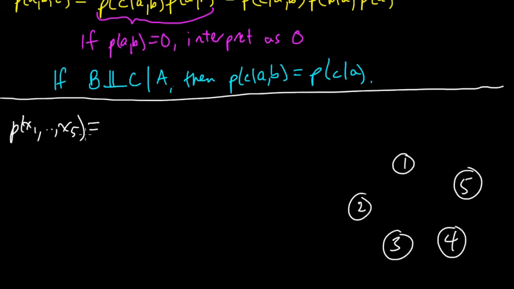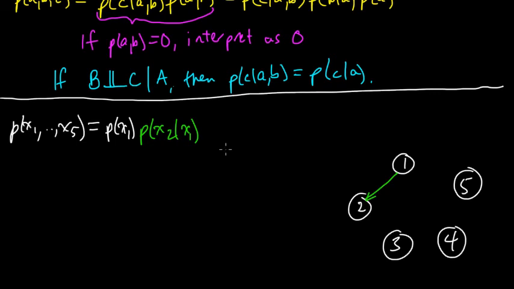And we can factor this in a similar way to before. So this is the probability of x1 times the probability of x2 given x1, and now we're going to draw an arrow from 1 to 2 to denote that factor.